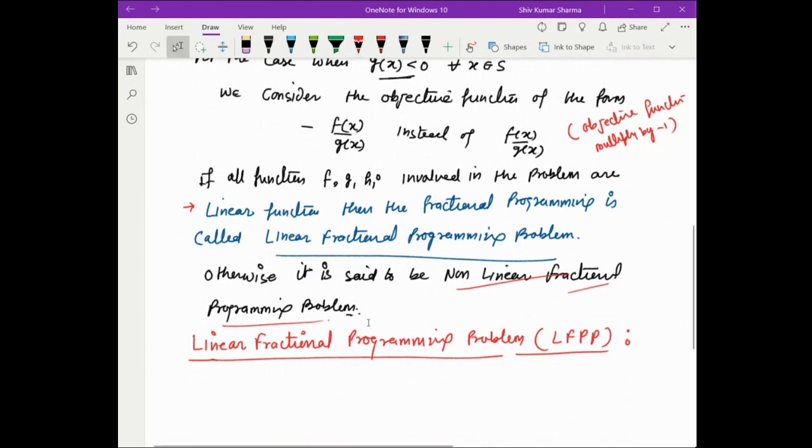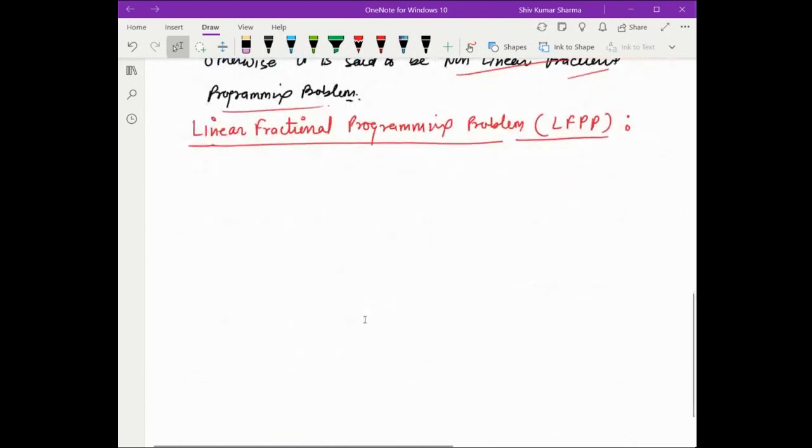So we define a linear fractional programming problem. For solving the linear fractional programming problem, we shall discuss two algorithms.